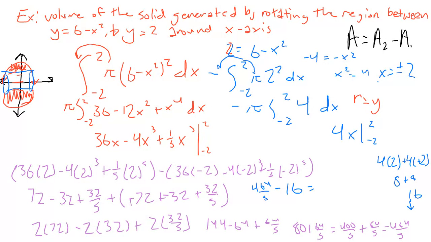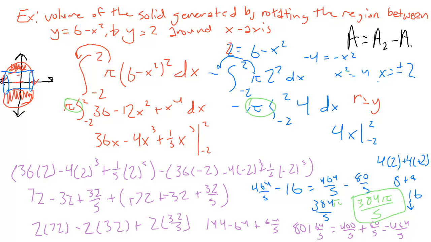So we can go ahead and go 464 over 5 minus 80 over 5. That is going to get us 384 over 5. But remember, we also pulled out a pi here and a pi here. So therefore, we have to include a pi back in here. So our final answer is going to be 384 pi over 5.